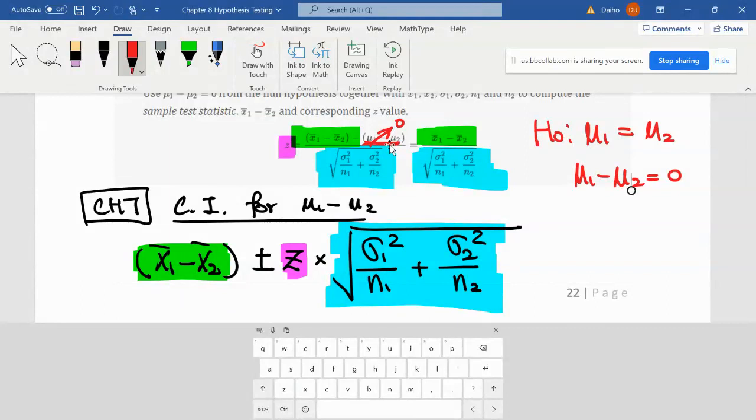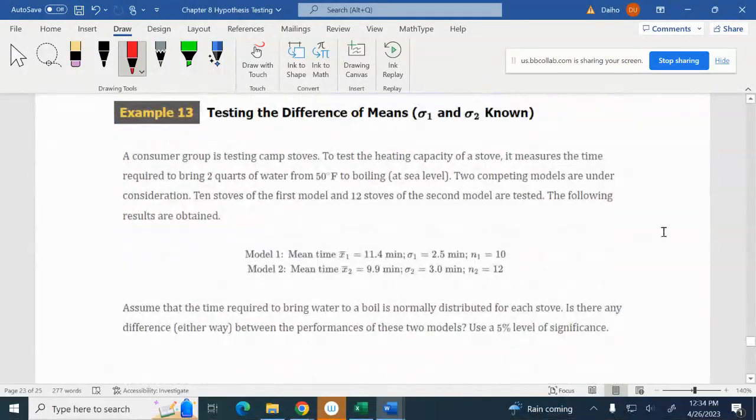Friday, we are going to get the t-score with the S1, S2 later. Okay, so let me look at the next example. Yep. We assumed we have the two sigmas, right?